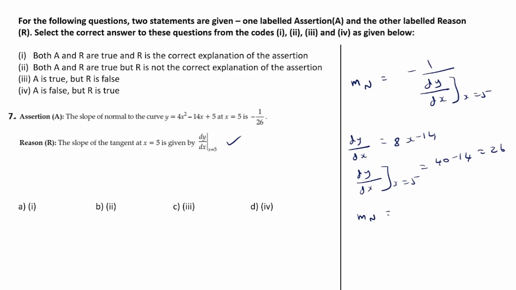So the slope of the normal is minus 1 by dy by dx at x is equal to 5, which is 26. So it is minus 1 by 26. The assertion is also true. So here both A and R are true, and R is the correct explanation of the assertion. So the correct option is option A.